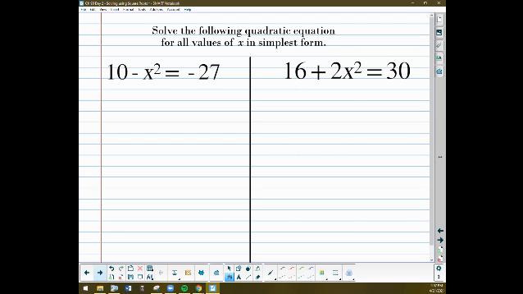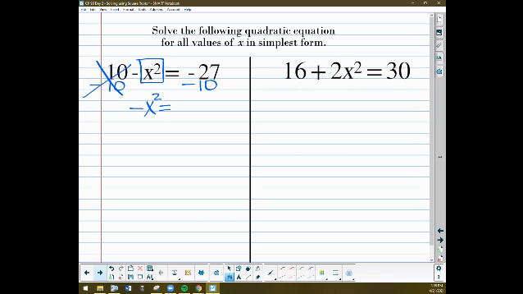Like I said, it's just a lot of examples, a lot of practice. I want to get the x squared part by itself. Reverse PEMDAS, is there anything I can add or subtract? Well, there's a positive 10 over here, so I'm going to subtract 10 from both sides. Those will go away, leaving me with negative x squared over there.